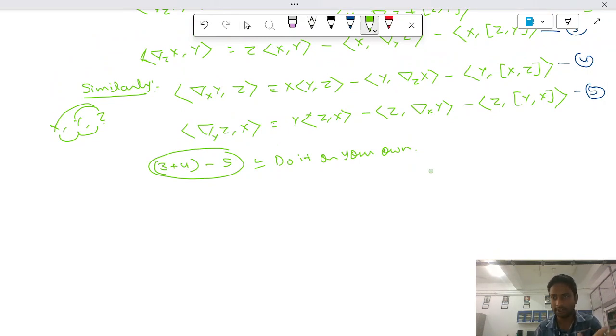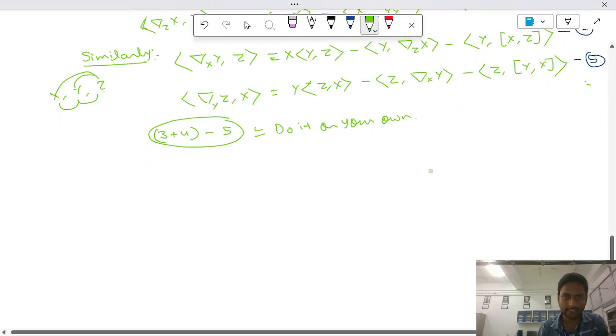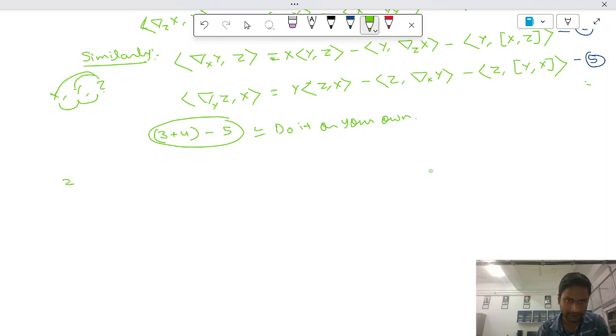After doing all the calculation, when you sum these two equations and subtract the fifth one, you will get a long expression, which is quite important.